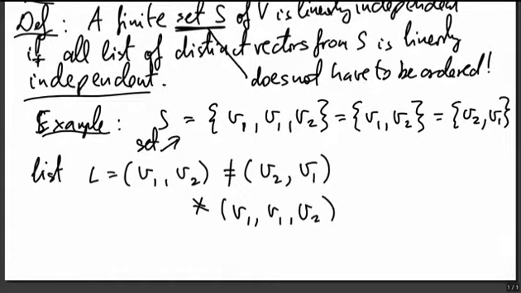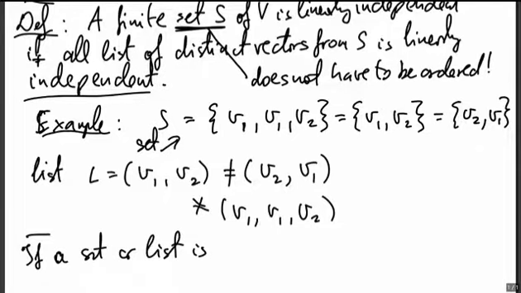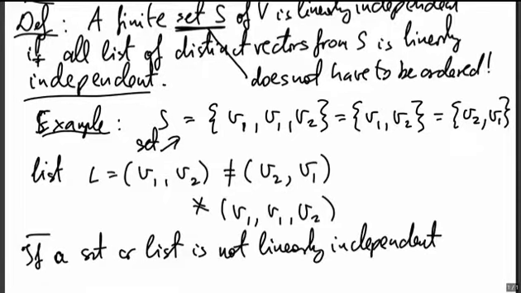Linearly independent. The word independent is already a negation of dependence, and then we will turn this around and negate it one more time. So if a set or list is not linearly independent, then it is called linearly dependent.